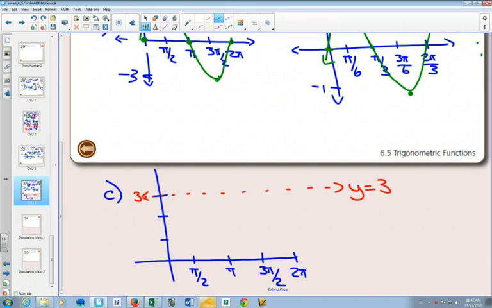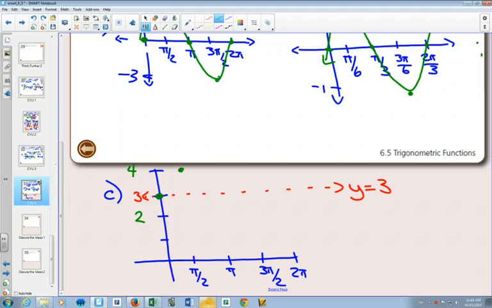Our amplitude is still 1, but now that our center line has moved up, we remember that our amplitude is the distance from the center line to a maximum or from the center line to a minimum. So if our amplitude is 1, that means our maximum value, if I go up 1, will be 4, and our minimum value will be 2. And the starting point for a sine graph is still on the center line going up.